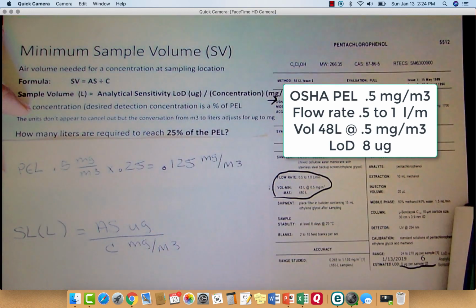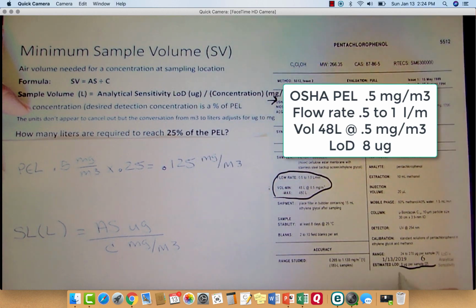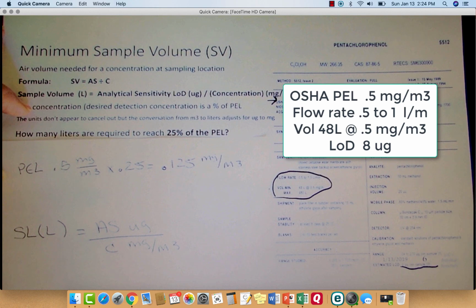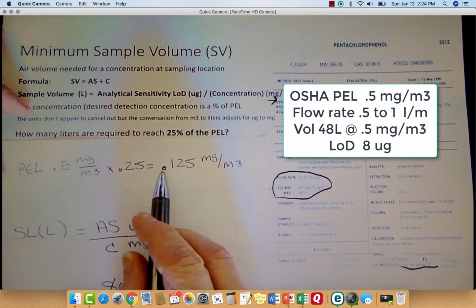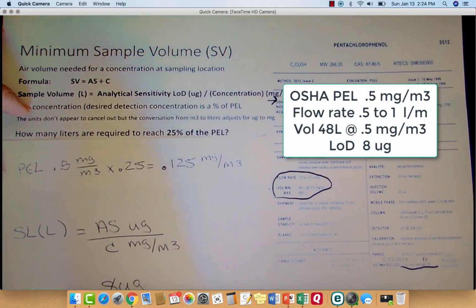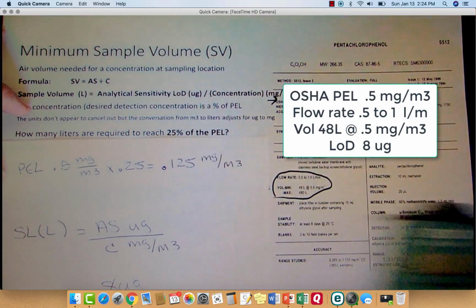So our analytical sensitivity here from our method is, really hard to see, 8 micrograms, and we want to reach 25% of the OEL. Simply divide.